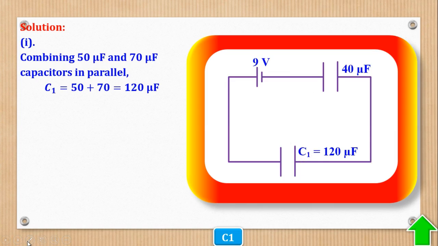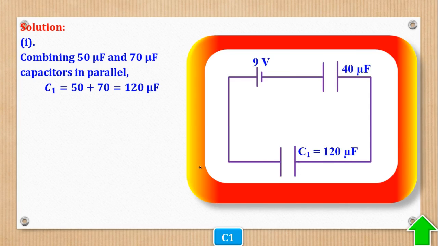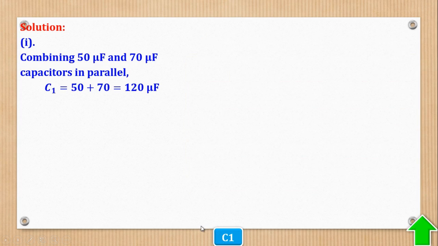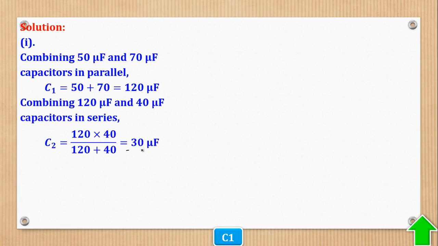We have combined these ones into one capacitance. Now, after combining, you realize that because of this polarity, the same charge here will be the same charge at this capacitor. Therefore, these two capacitances are in series. Because they are two, we shall use the special case, which is product over sum, to give you 30 microfarad.